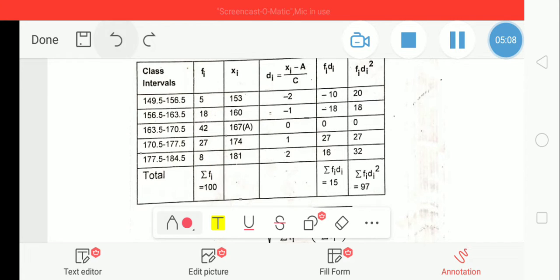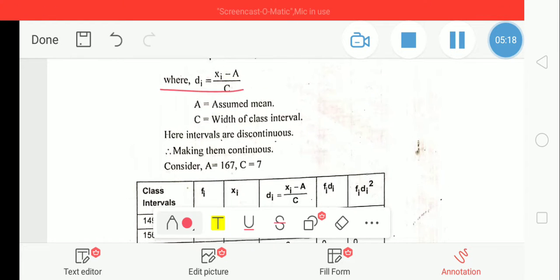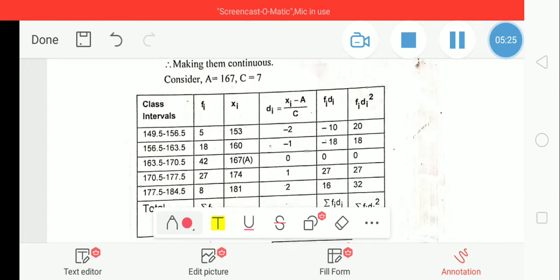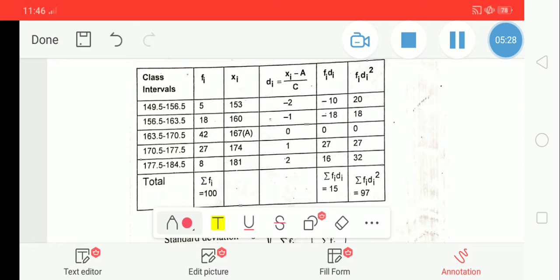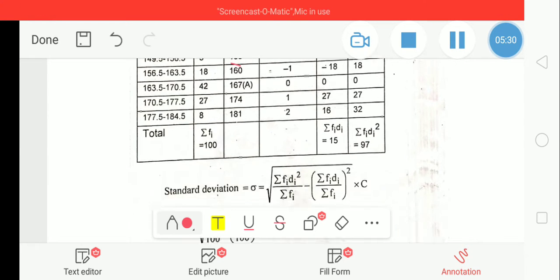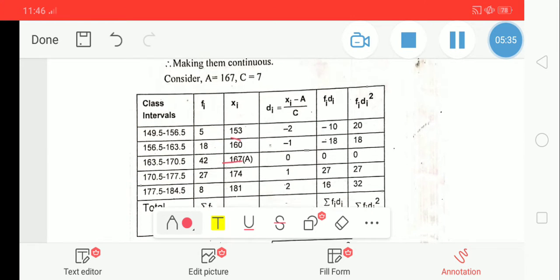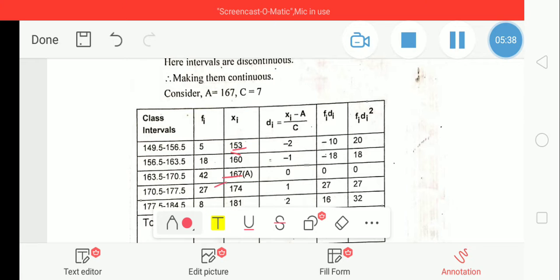Now the frequencies given are 5, 18, 42, 27, 8. Taking the addition, the summation of fi is 100. We know that di is equal to xi minus A, meaning the mean, divided by c. So xi is 153, minus A, 167: 153 minus 167 divided by 7 gives minus 2.